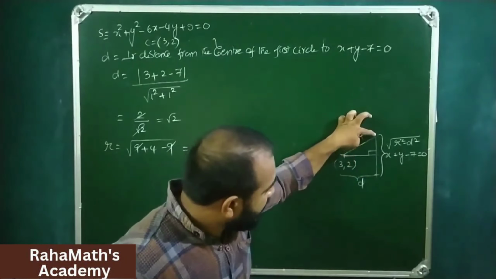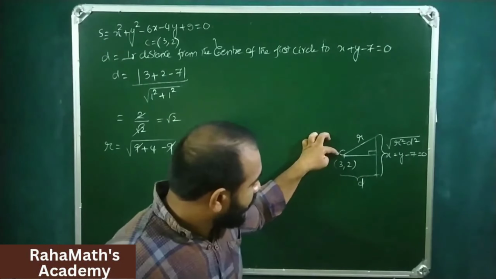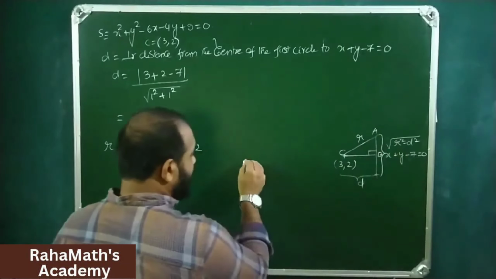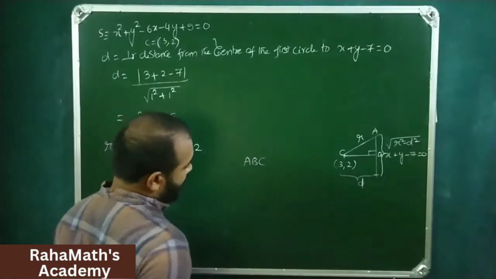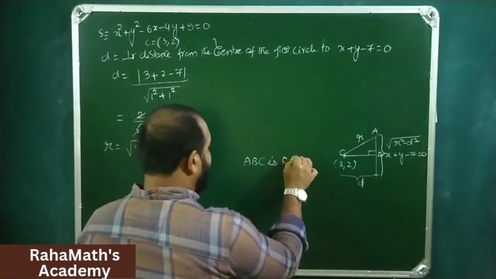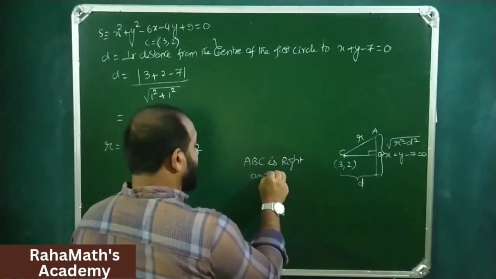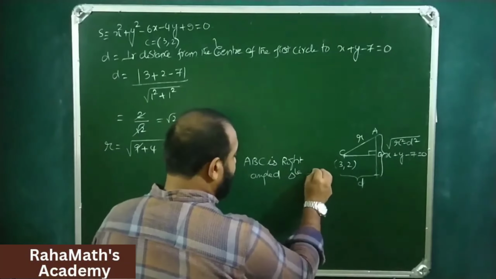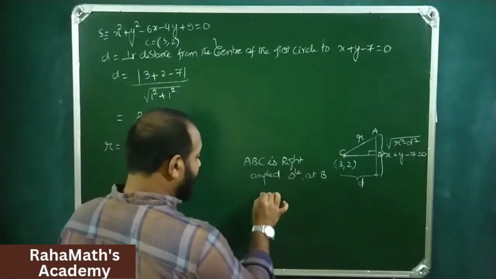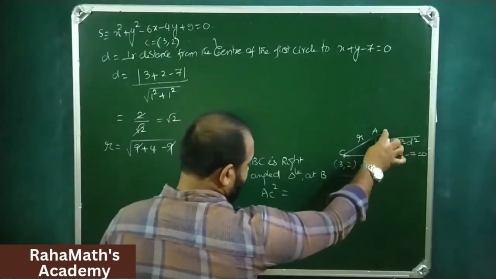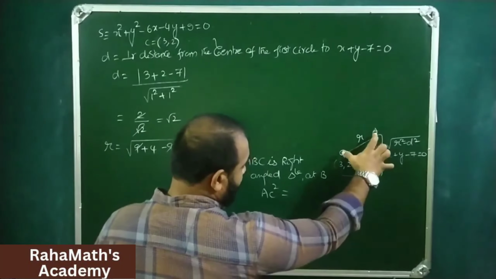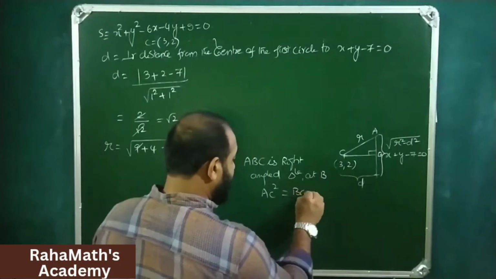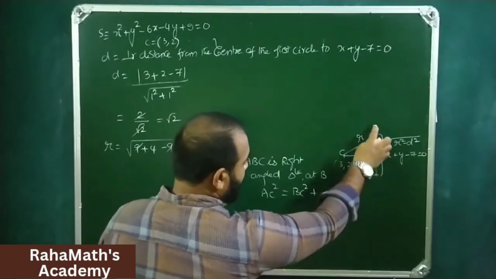Let us take A, B, C. ABC is a right angle triangle, right angled at B. Now AC square is equal to, because this is the hypotenuse which is opposite to the 90 degrees, AC square equals BC square plus AB square.